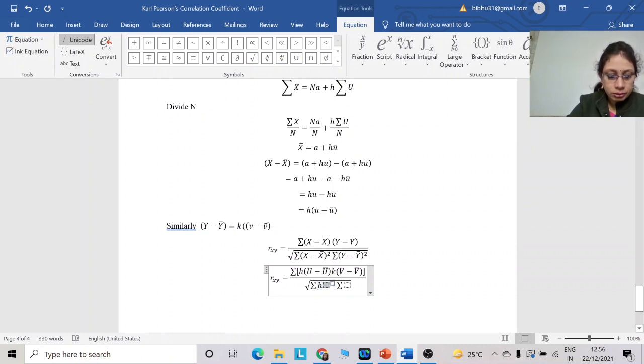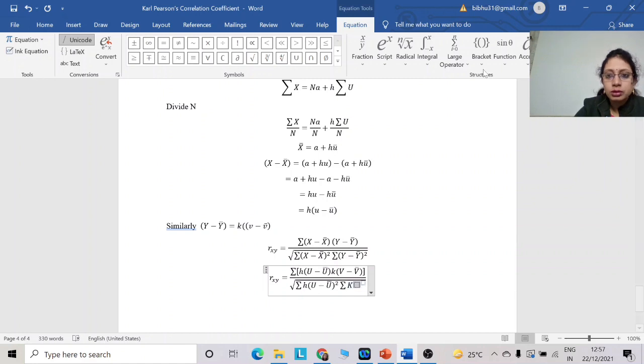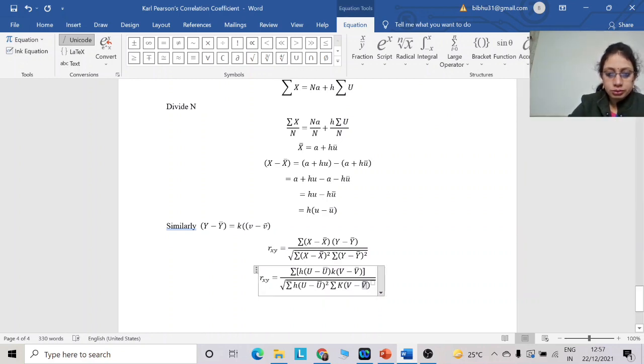Summation h u minus u bar square, summation k v minus v bar square.